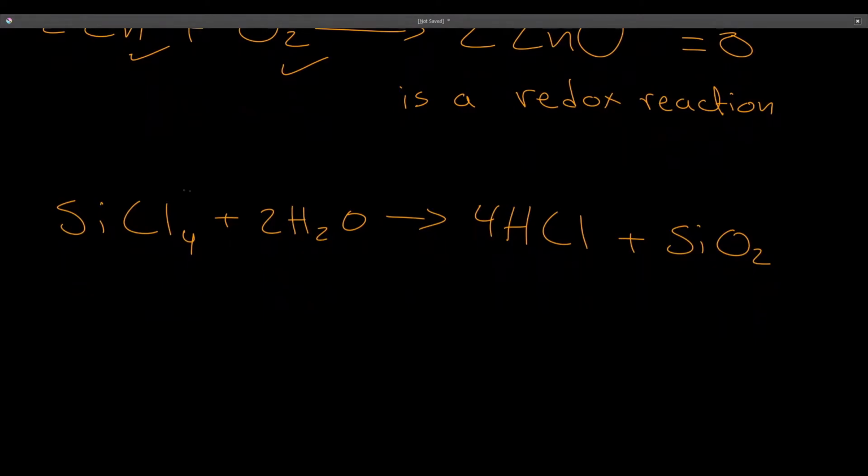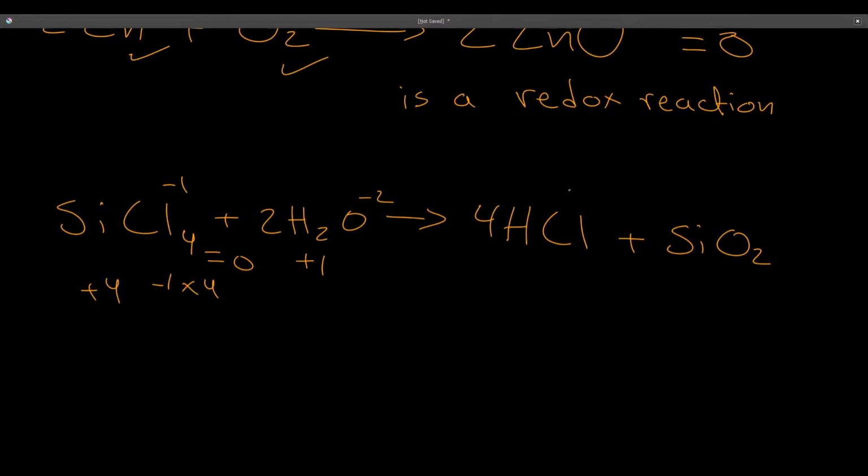Here we have Cl, which is -1, so -1 times 4. So silicon will be +4 since it has to be equal to 0. And in H2O, this will be -2 and this will be +1 since hydrogen mixed with a non-metal is +1.